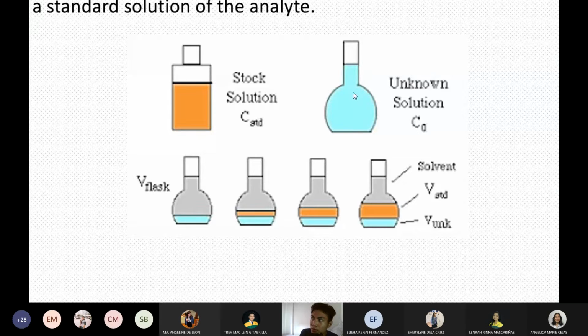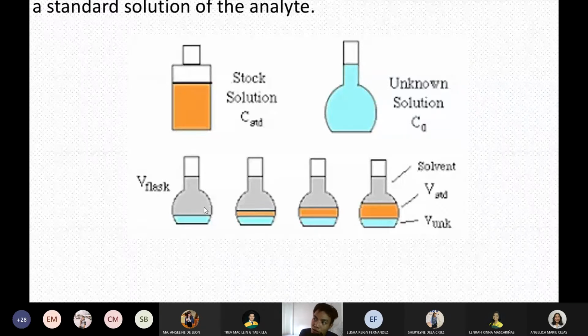You get a portion of your unknown solution, you fill it up to mark, then you determine the response for this container. And you do the same for the other volumetric flask. You get the same amount of this unknown solution, you add a stock solution, then increase the volume up to mark, and then you check the instrument response.